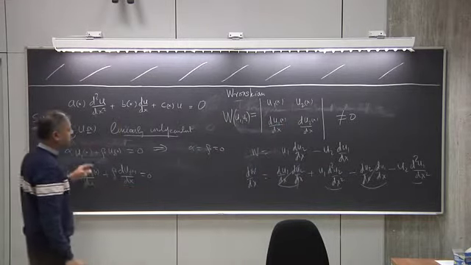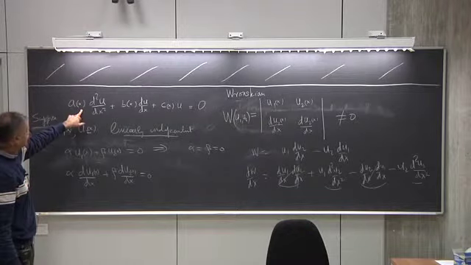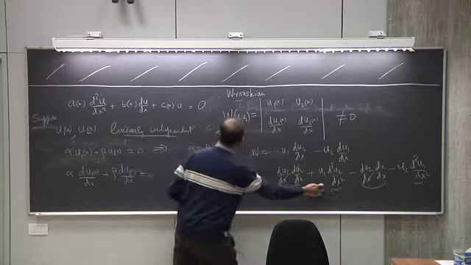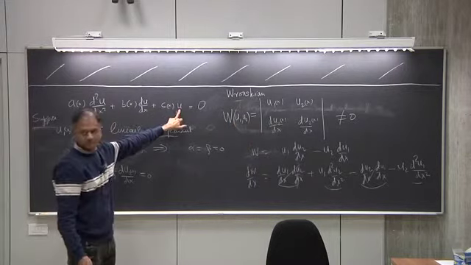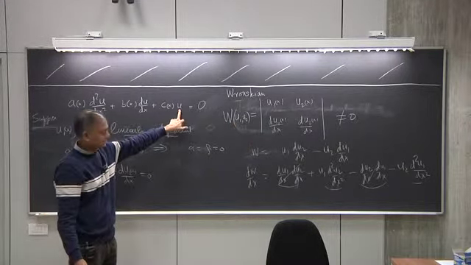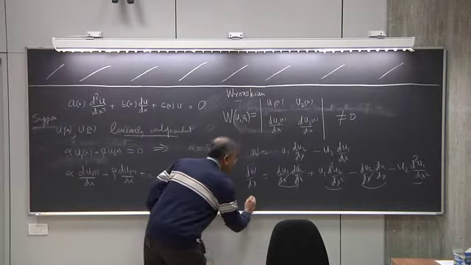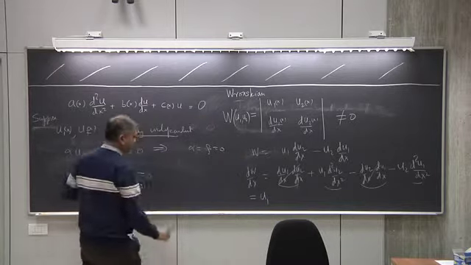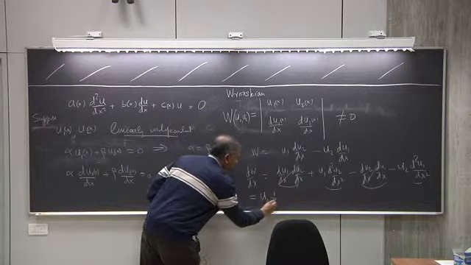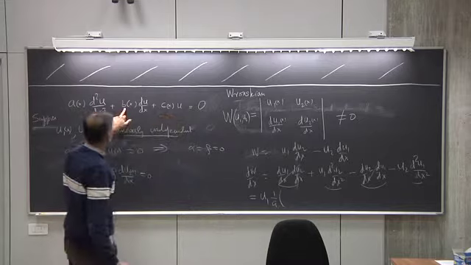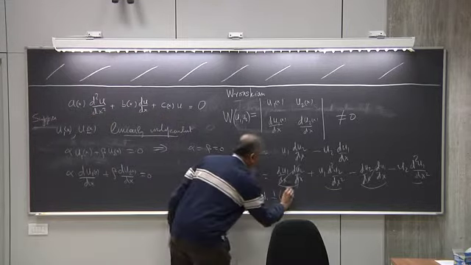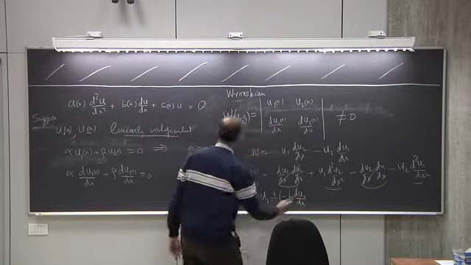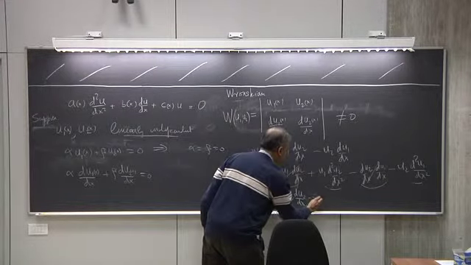But on the other hand, if I use this equation, then the second derivative which appears here, I can write in terms of the first derivative and the function itself. So let's see what it is. The first term here is u1 divided by a, so 1 over a times minus b du2 by dx minus c u2.